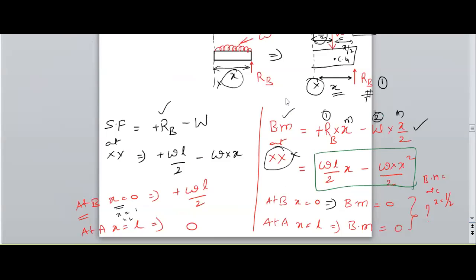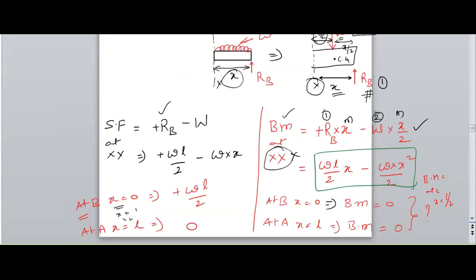So substituting x is equal to 0, that is at B, RB into 0, capital W into x, again 0, becomes 0. Bending moment at B is 0.